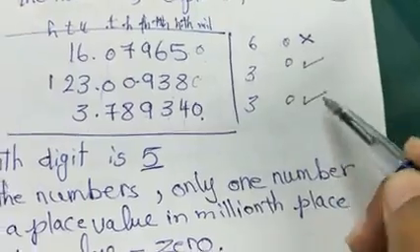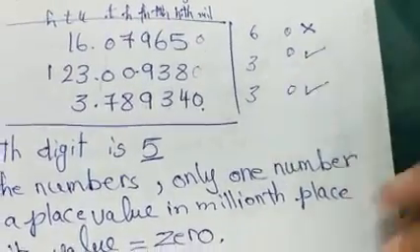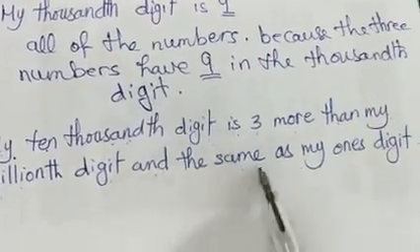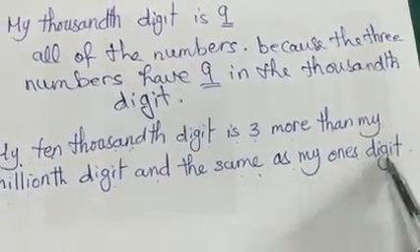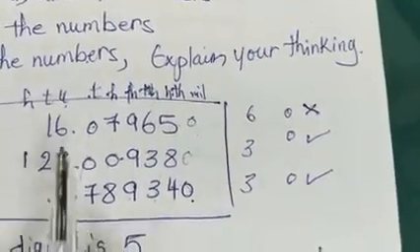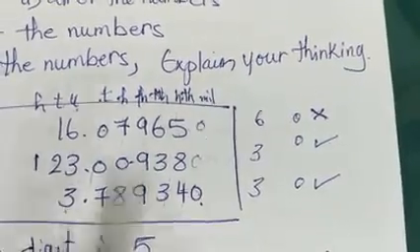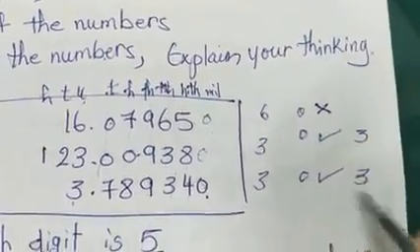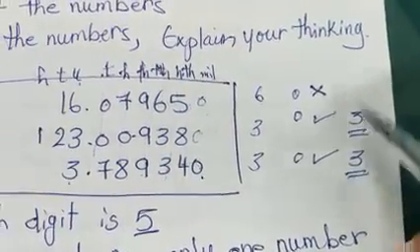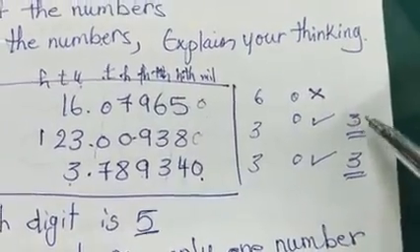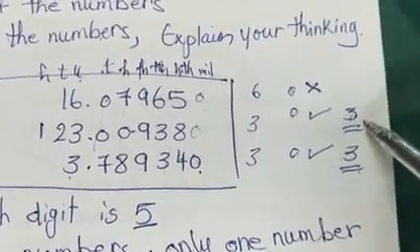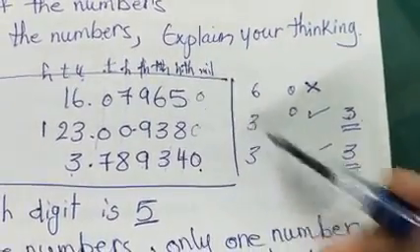These 2 numbers satisfy the first condition, but I have another condition here: the same as my ones digit. The ones digit, the unit digit, is 3 and 3, so these have the same ones digit as the 10,000th digit.